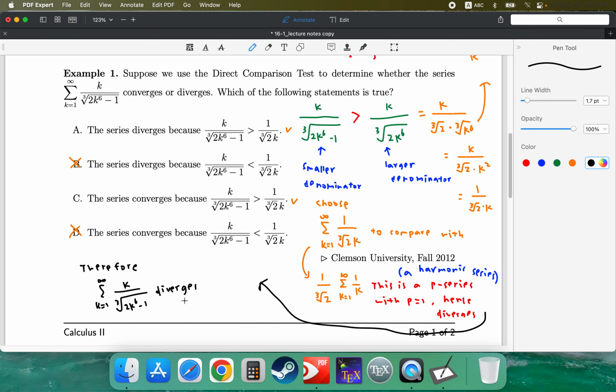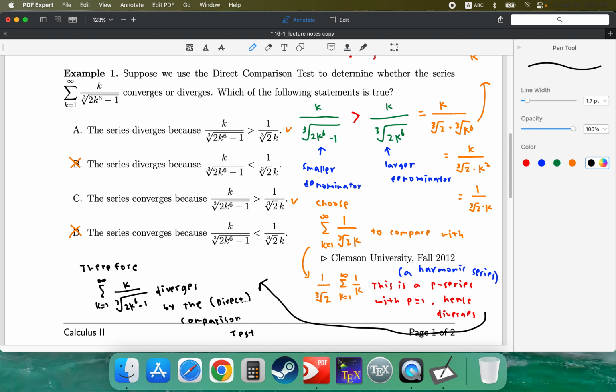Now, don't forget, you need to mention the name of the test. So this series diverges by the comparison test. If you want, you can say the direct comparison test, or just simply comparison test.